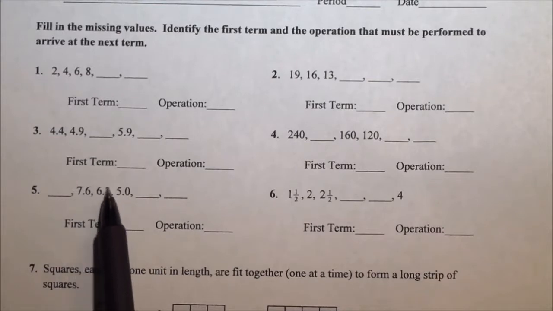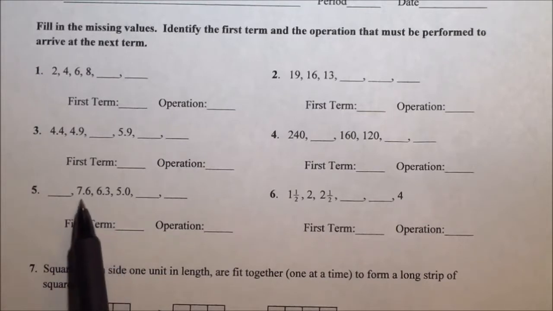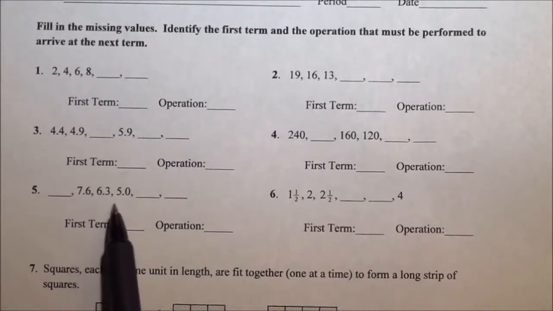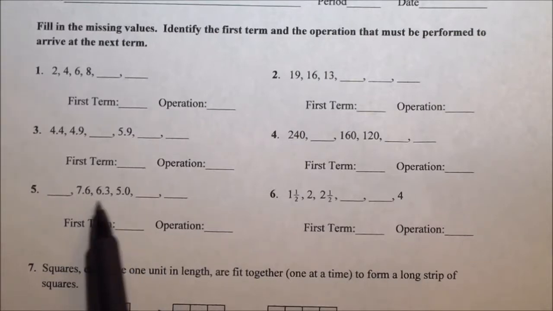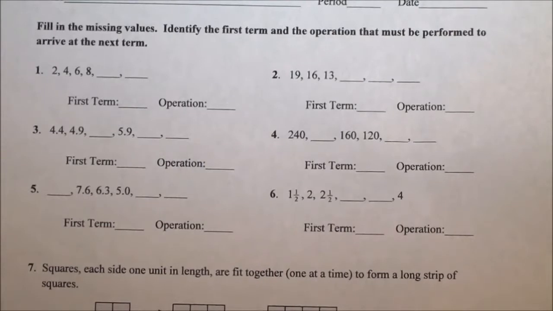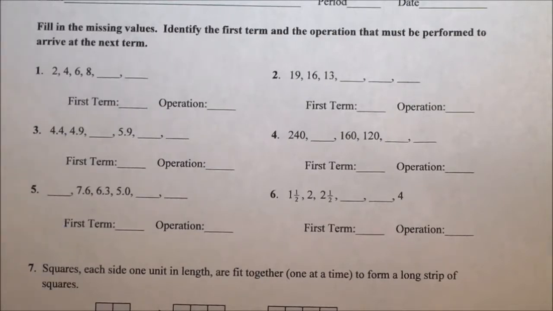And you'll see how much it changed by. It's decreasing. So you've got to find your operation by looking between the numbers that they give you. And sometimes you have to work backwards, like here. This is the only one that doesn't show you the first term. So figure out your first term, figure out your operation, and fill in any missing blanks.